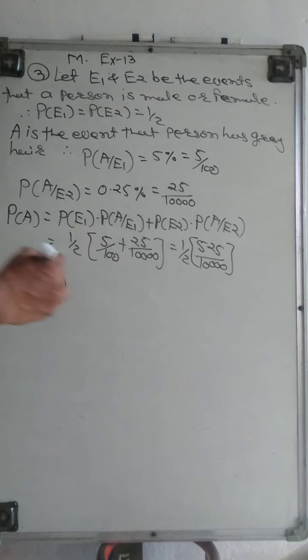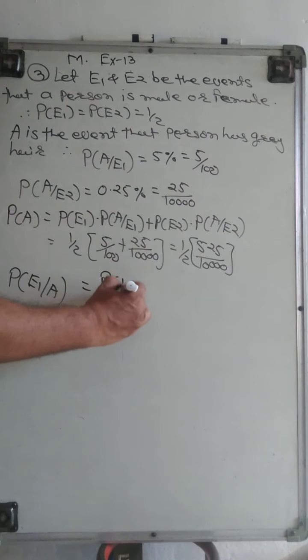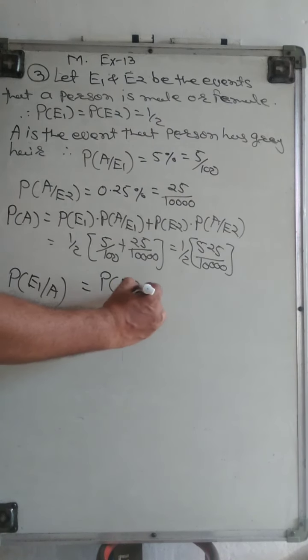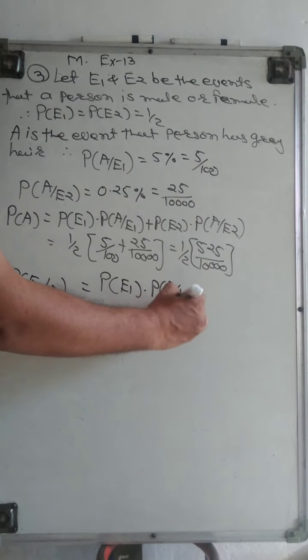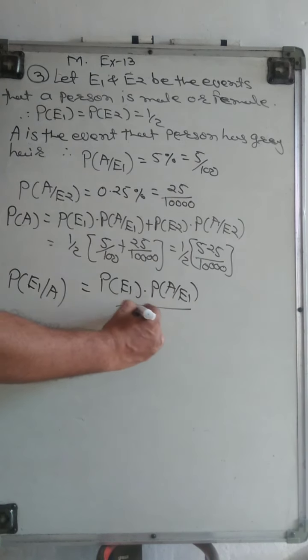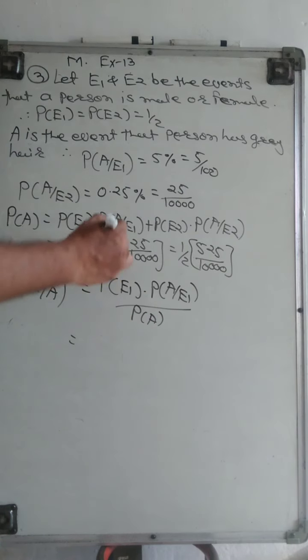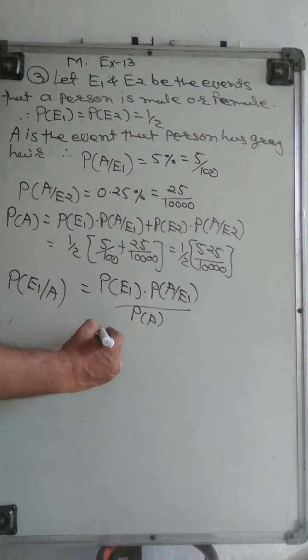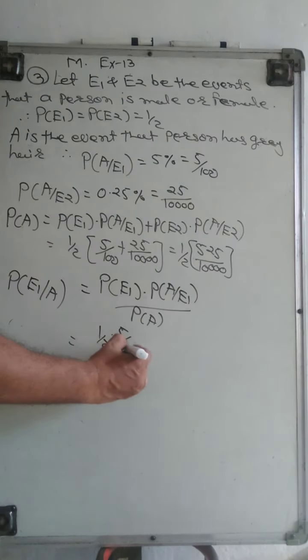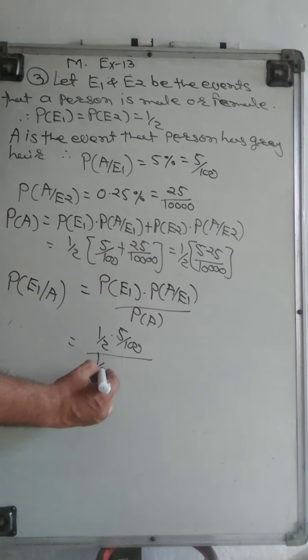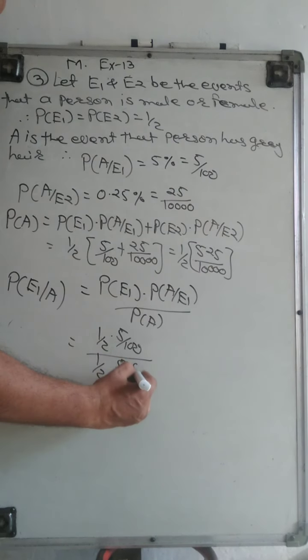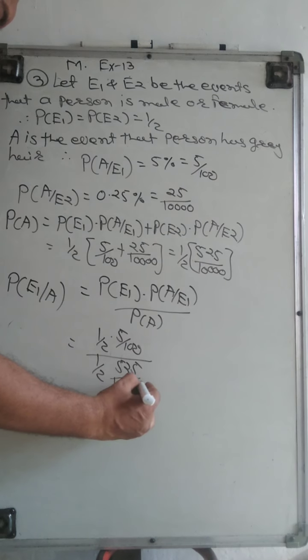It is P(E1|A), so P(E1) into P(A|E1) upon P(A), right? So P(E1) into P(A|E1) is 1/2 into 5/100 upon, this is 1/2, 525/10,000.